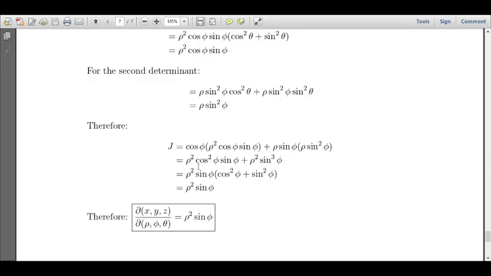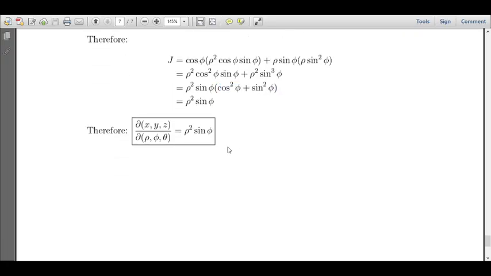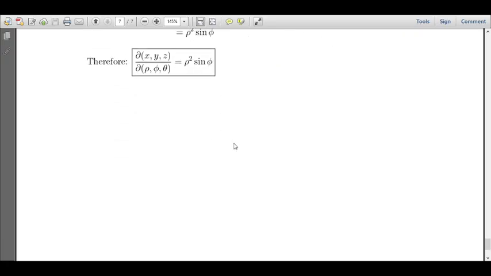So this is rho square cos square phi sin phi plus rho square sin cube phi. Taking rho square sin phi common, cos square phi plus sin square phi, which is 1. So this is rho square sin phi. Therefore the Jacobian is rho square sin phi.